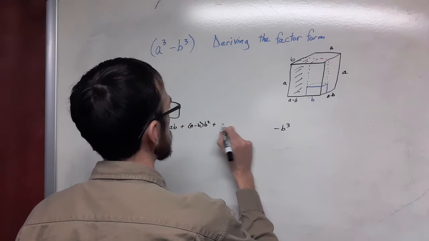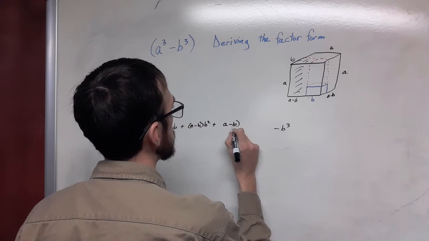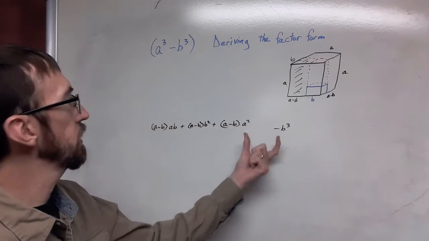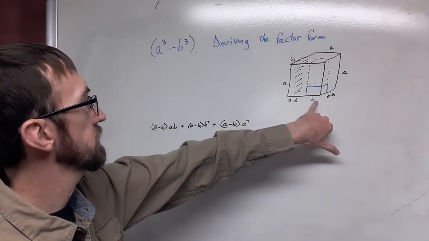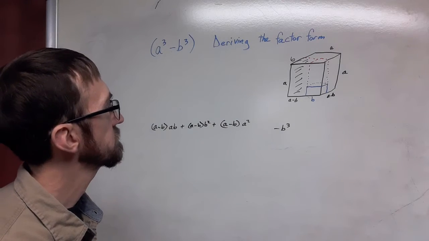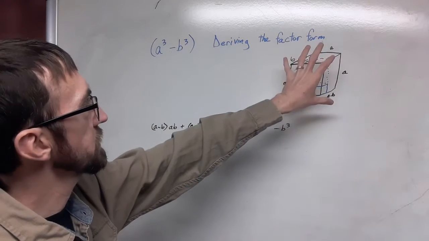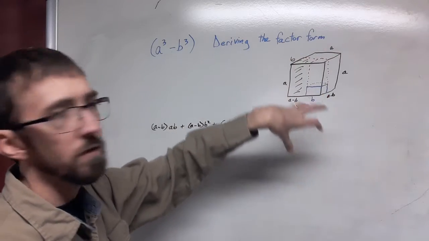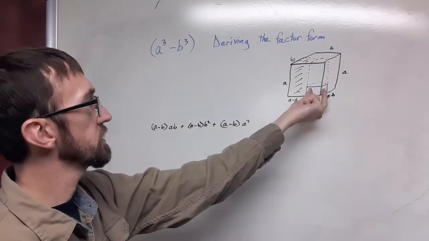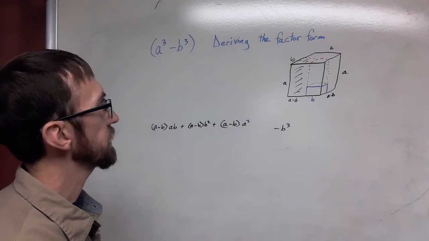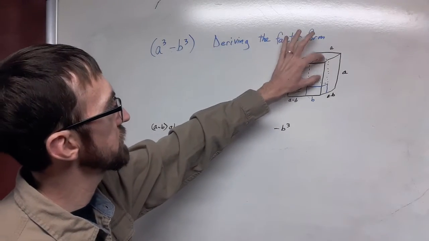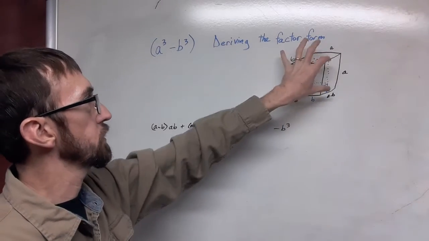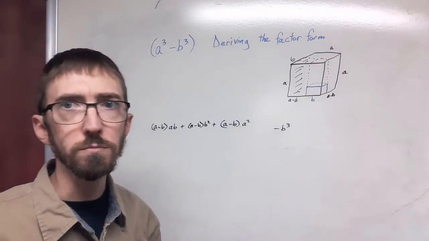So this is A minus B times A squared, and from all of this we subtract this. So this accounts for the entire volume of the cube minus this little cube that we are taking out. So I have this plus this plus this minus this accounts for the cube with the cube removed.